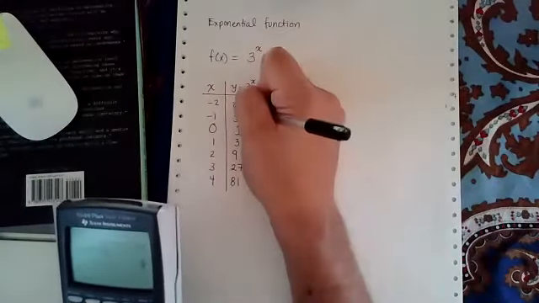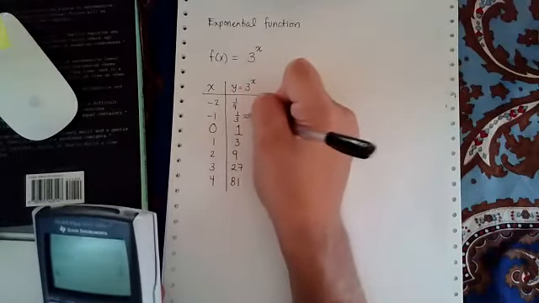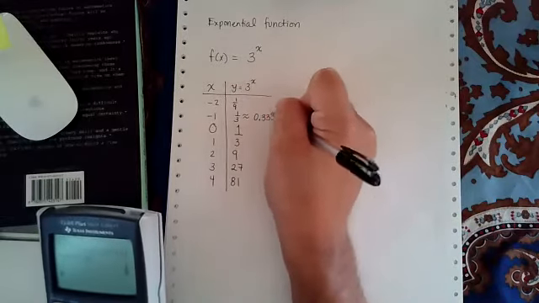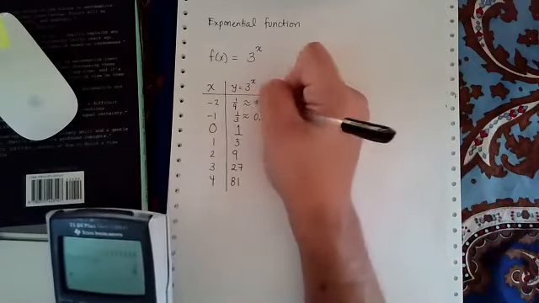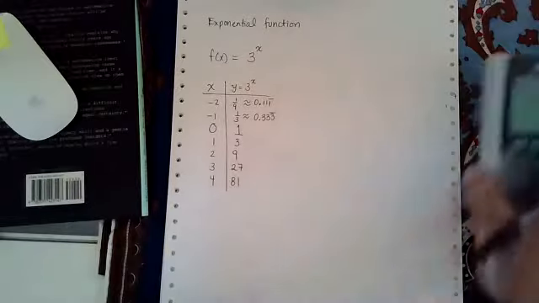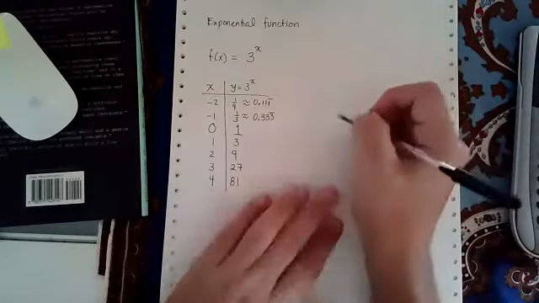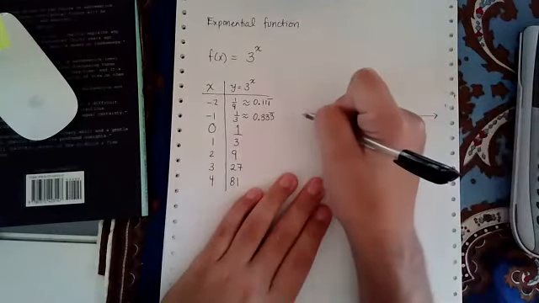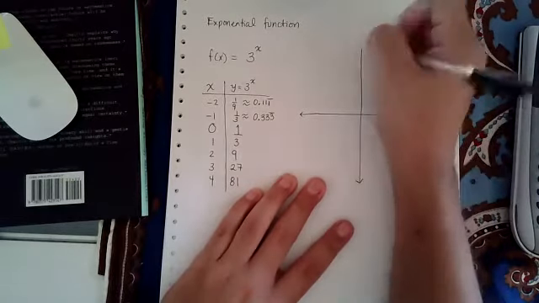But for graphing's sake, it'll be okay if we approximate the location of these points, so I'm going to keep this as 0.111 repeating. Let's take a look at what this graph looks like just before we get to plotting its inverse.